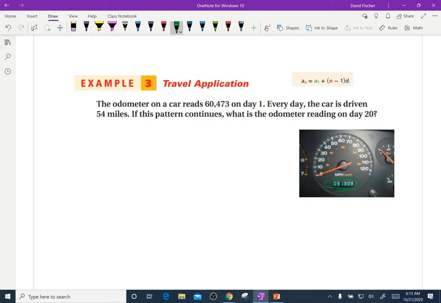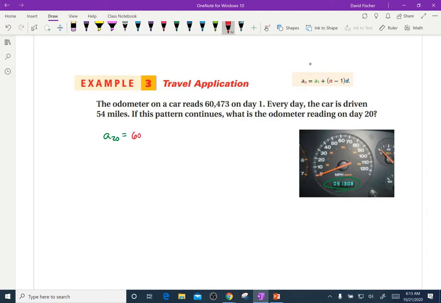I don't want to write 60,473 plus 54, get that number, plus 54, plus 54, plus 54, and do that 20 times. Takes too long. So let's use the formula. The formula says, what number do we want? We want the 20th day, so we say A sub 20 equals, what's the original first number in my sequence?